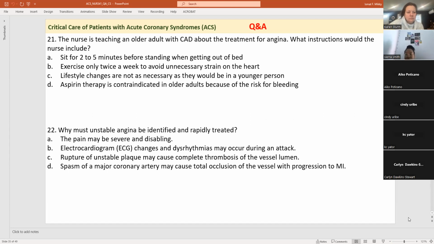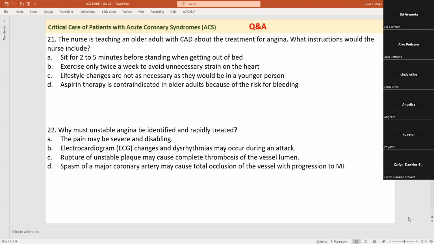That's for D. Now C, rupture of an unstable plaque may cause complete thrombosis of the vessel lumen. So the unstable angina is associated with the rupture of a stable atherosclerotic plaque that would expose the inner lining, or the intima, of the blood vessel to the blood, and stimulate platelet aggregation and local vasoconstriction, and that will lead to the formation of the atheroma.